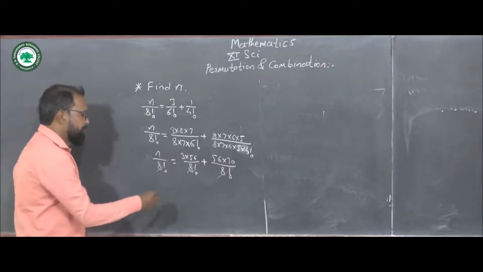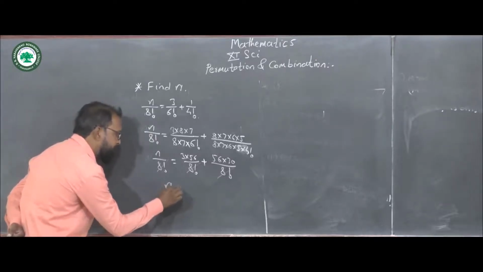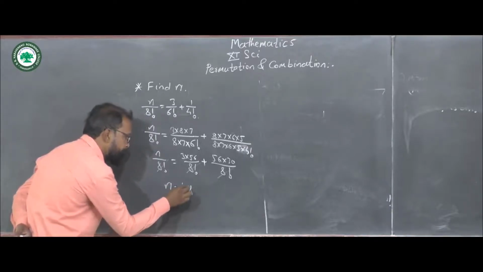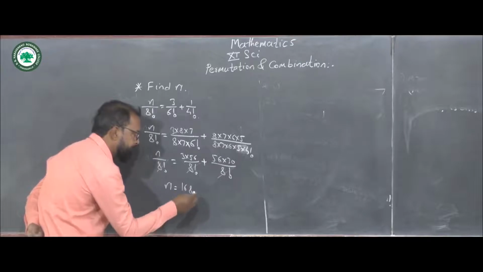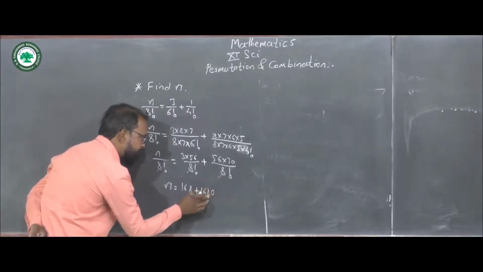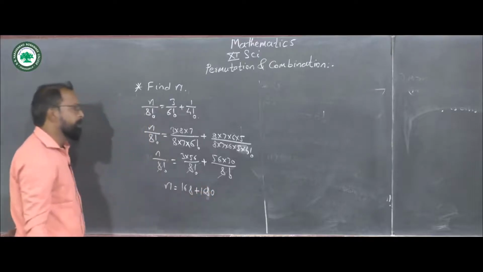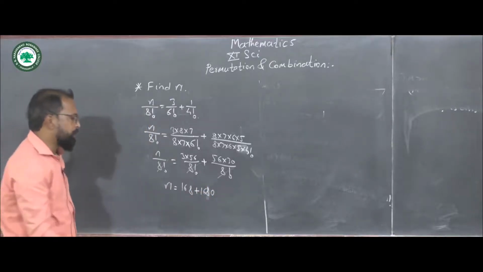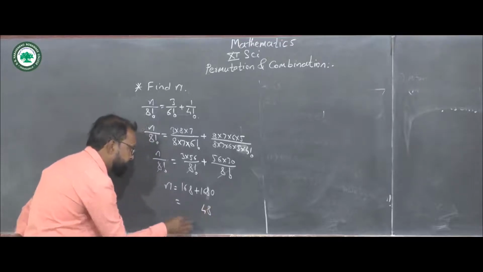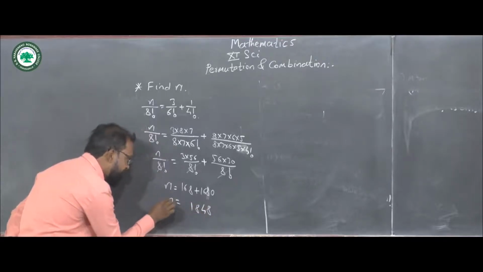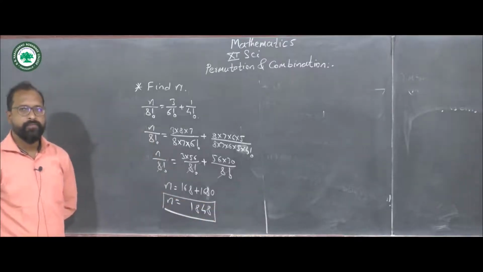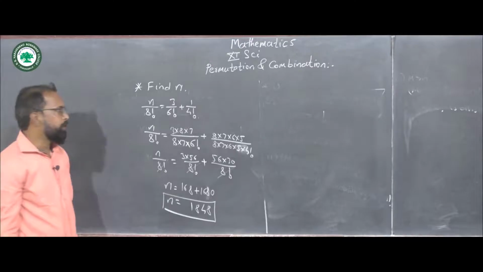Now take this product, so we get n equals 168 plus 1680. Now taking the addition, we get n equals 1848. This is the value of n.